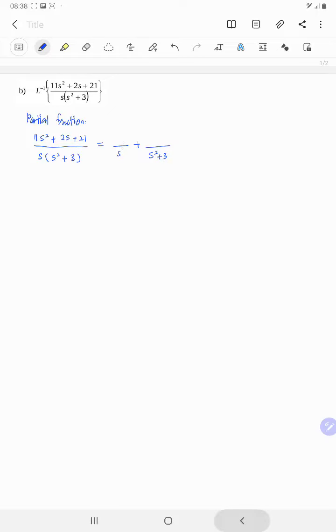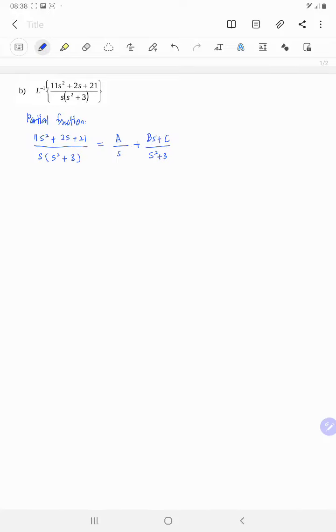Since this is linear, the function at the top must be constant only. Since this is quadratic, the function at the top must be linear.